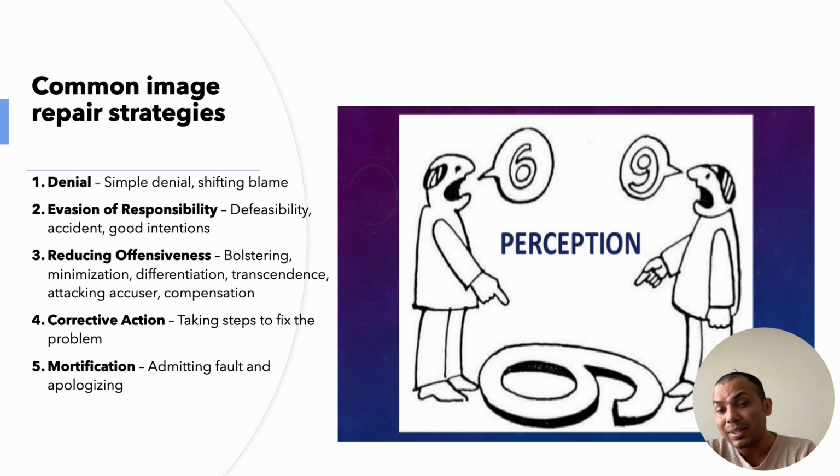This is one denial strategy that organizations or individuals normally use to manage their reputation in a crisis. They simply deny and shift the blame to another person. They say that this is not done by us, this is not related to our organization.